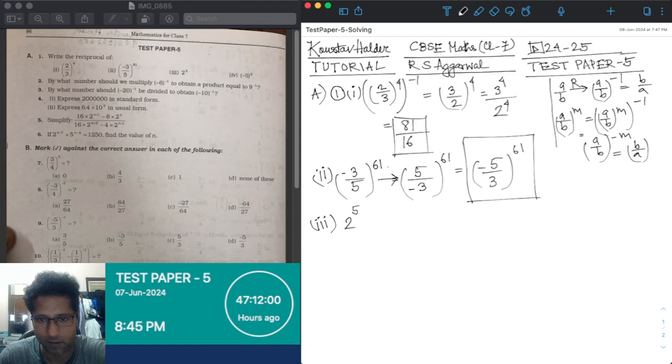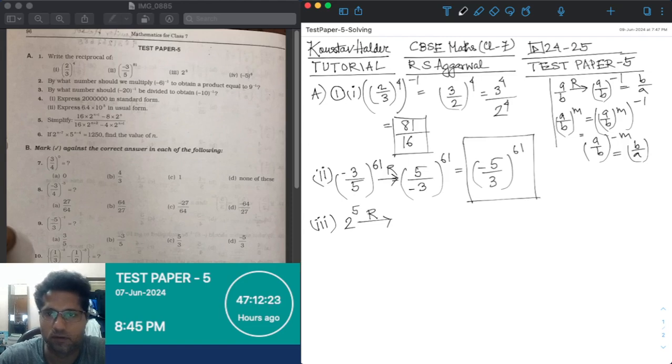We are finding the reciprocal. So, the reciprocal arrow, and above the arrow I am writing R, which in shorthand means we are finding the reciprocal of 2 to the power 5.